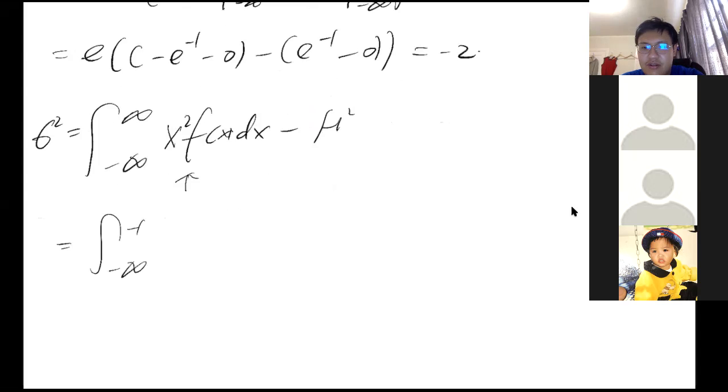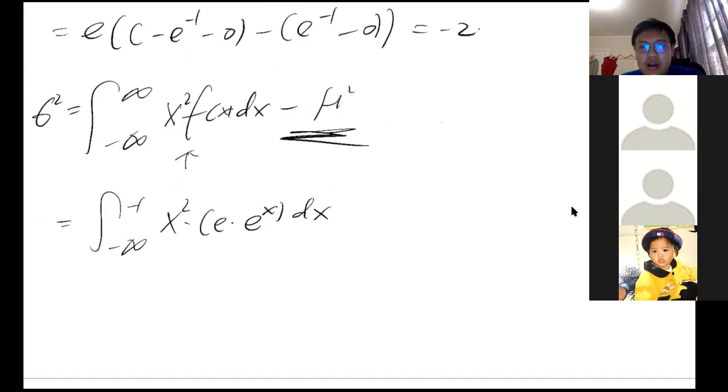That's from negative infinity to -1 because we only care about this range: x squared times the function, which is e times e to the x dx. We will subtract mu squared at the very end to avoid confusion. So that's equal to e times the integral from negative infinity to -1 of x squared e^x dx.